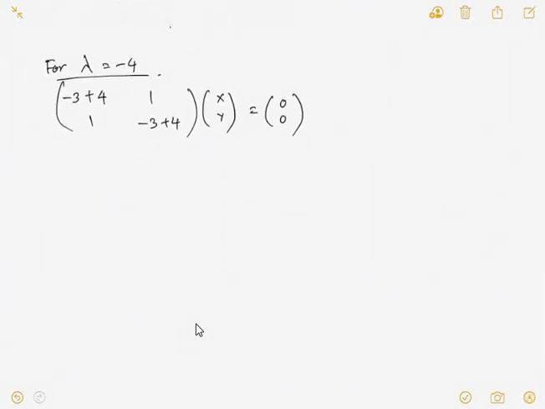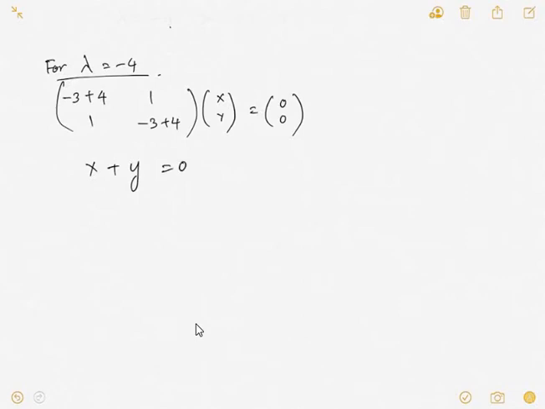Negative 3 plus 4 gives you 1, so 1 times x gives x, and 1 times y gives y, equals 0.